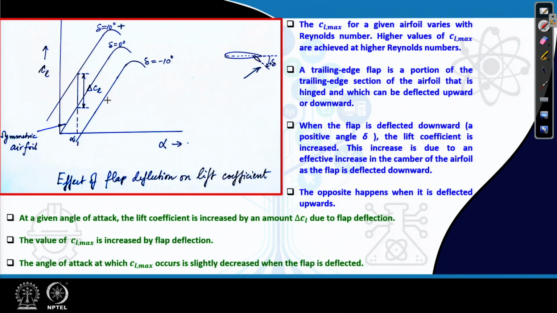The positive deflection, which means deflection downwards, moved the CL alpha curve upwards, thereby increasing CL max, and the upward deflection of the surface led to parallel movement of the CL alpha curve downwards. And then we discussed the implications, and we also talked about how it would involve a difference in the stall velocity of the aircraft.